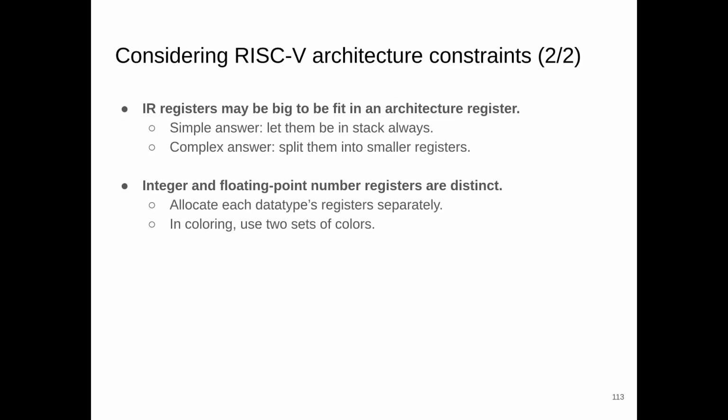After splitting them into multiple smaller registers, you can fit all of those into architecture registers. But I don't recommend you to do that in the final project because it will take more time. If you can, I strongly encourage you to do it, but it is not strongly recommended for the purpose of final projects.